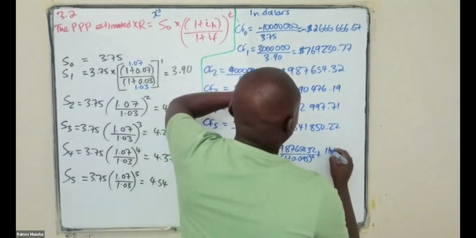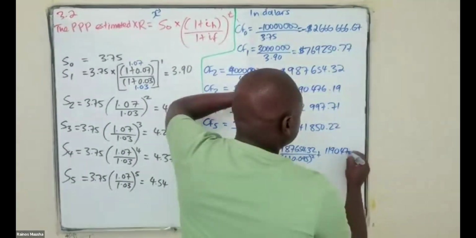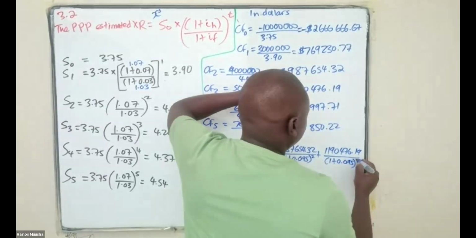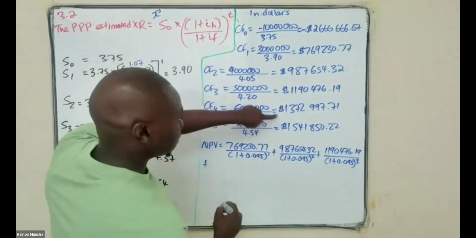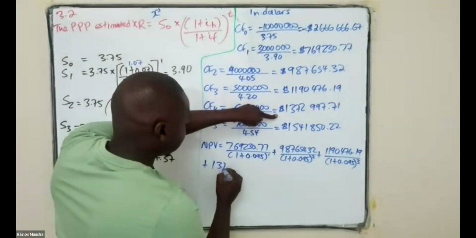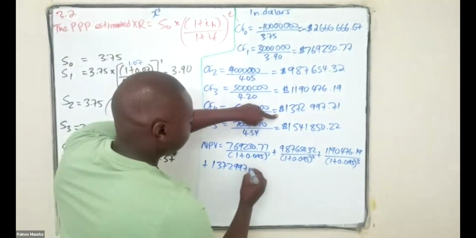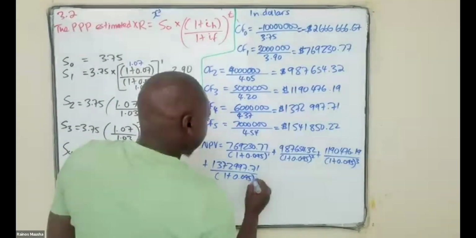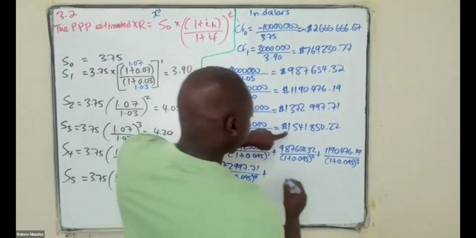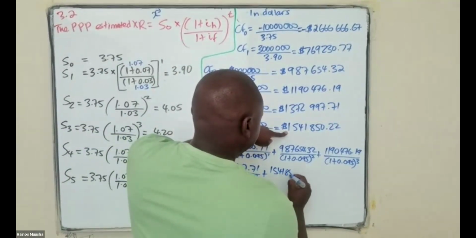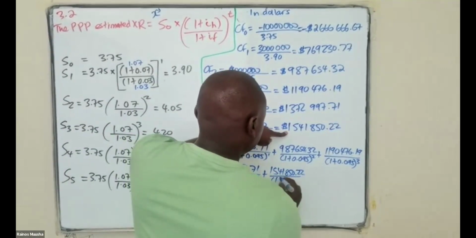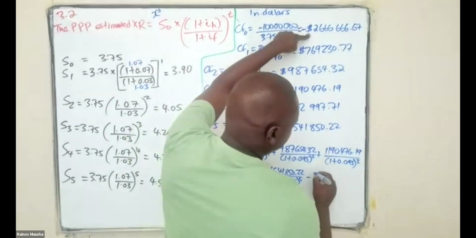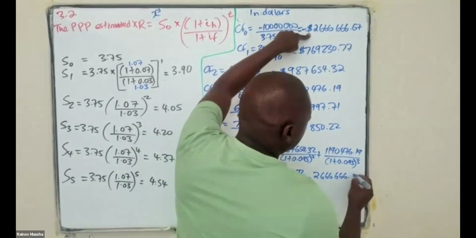And the next one is 11,476.19 divided by 1 plus 0.095 to the power of 3, plus the next one, 1,372,997.71 divided by 1 plus 0.095 to the power of 4, plus the next one, 1,541,850.22 divided by 1 plus 0.095 to the power of 5, minus the initial investment of 2,666,666.67.